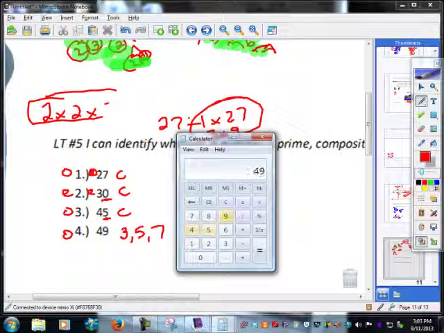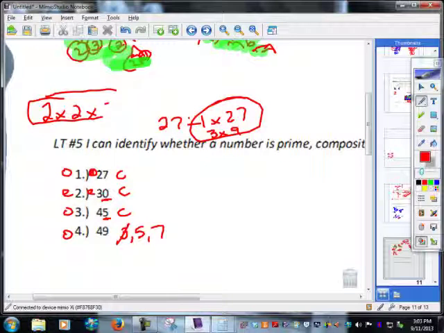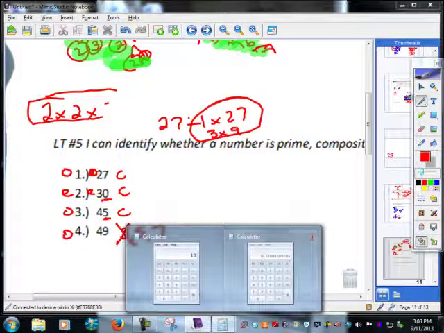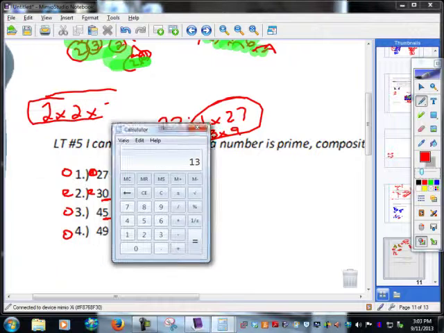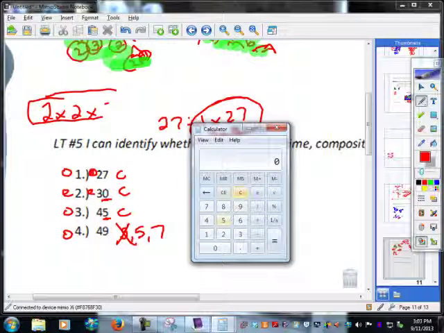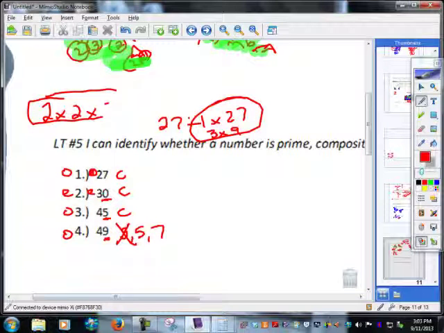Okay, we got 49 divided by 3. Whoops, that didn't work very well. 49 divided by 3. We got this big long decimal. Therefore, we've learned that 3 is not a factor. Okay? Now we bring it up again. We do 49 divided by 5. Now, you technically don't need to check this one because you should know that it doesn't end in 5 or 0.